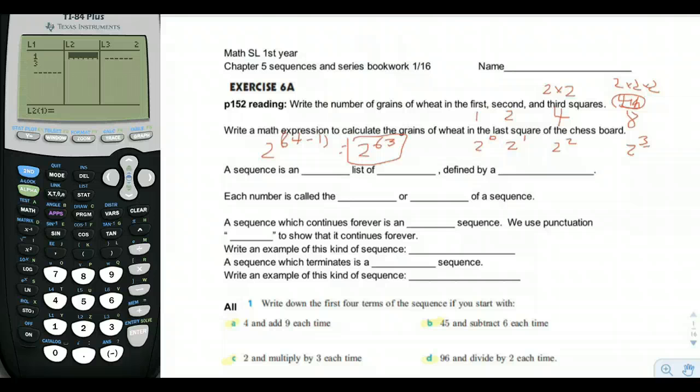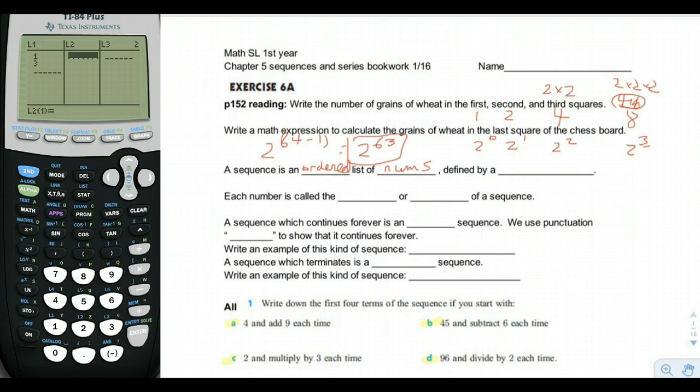A sequence is an ordered list of numbers defined by a math rule. It's a list of numbers, right? Here, if you look in the book, they talk about it being an ordered list of numbers.